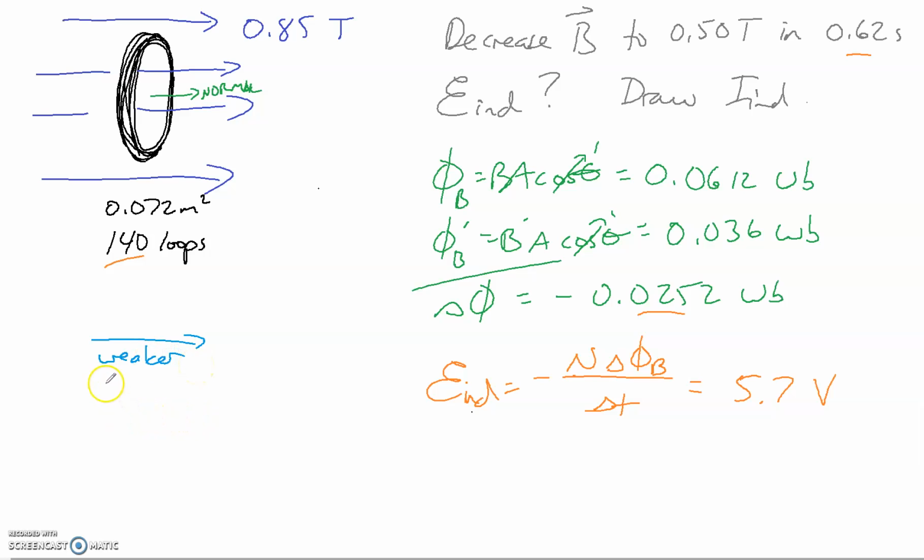So the coil has less magnetic field going to the right. If the coil is getting less field to the right, it is going to make field to the right to try and compensate. So the induced magnetic field would be going in the exact same direction, also towards the right.